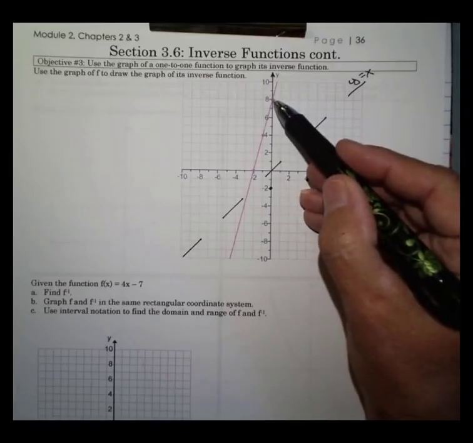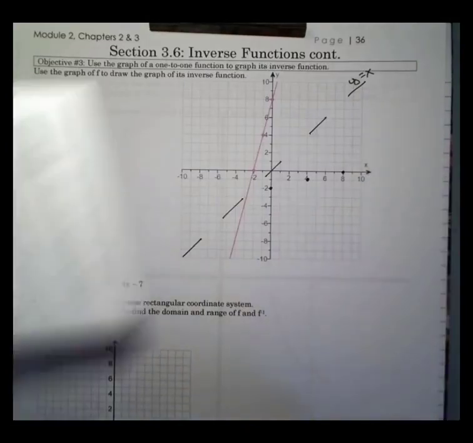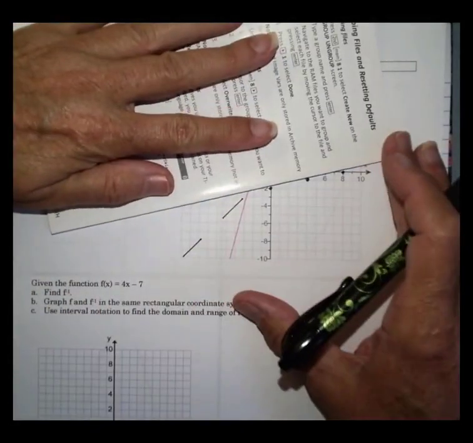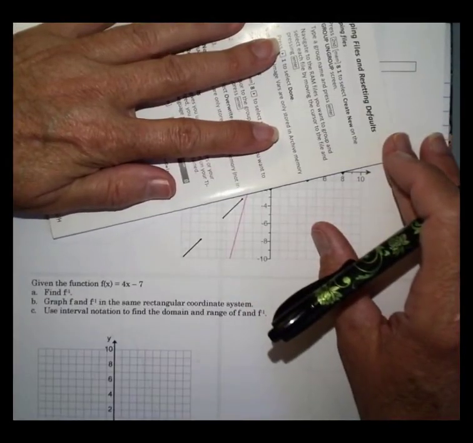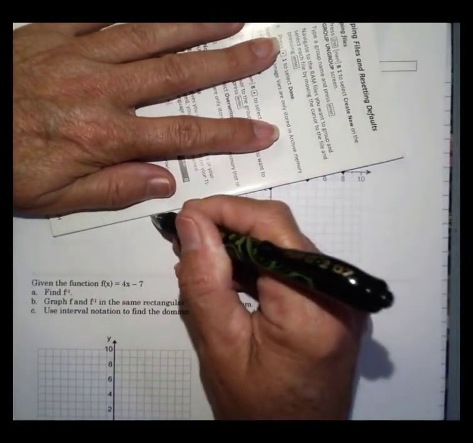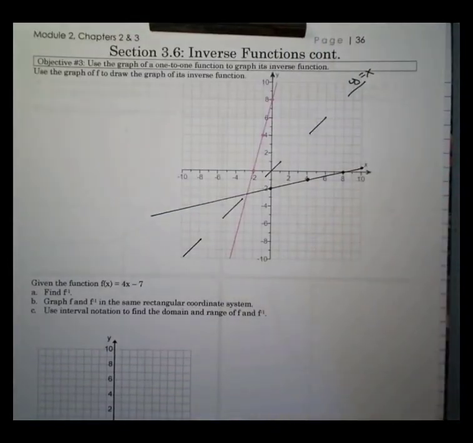And this one looks like it's 0, 8. So I'm expecting 8, 0 to be on my other graph. Let's see if this looks like an actual inverse when we do it. And it does. This would be my graph of my inverse.